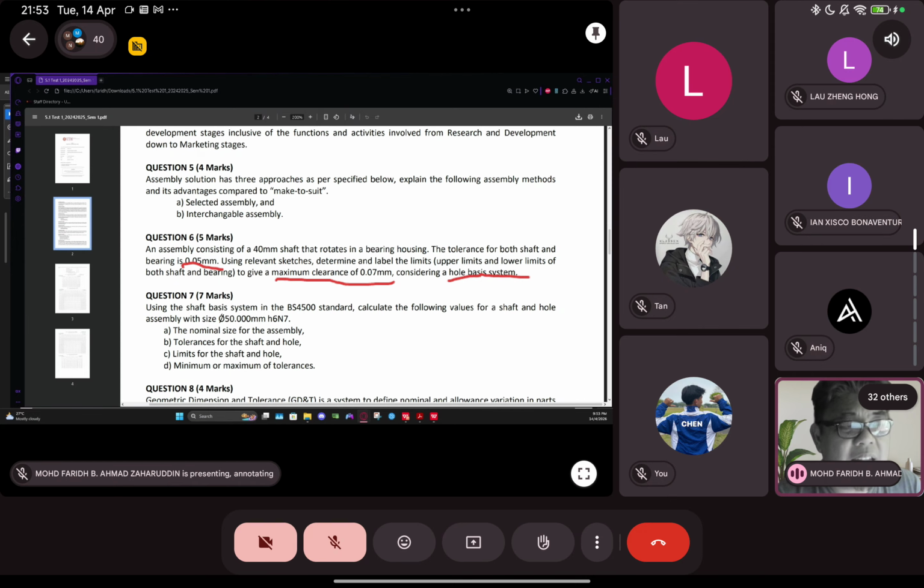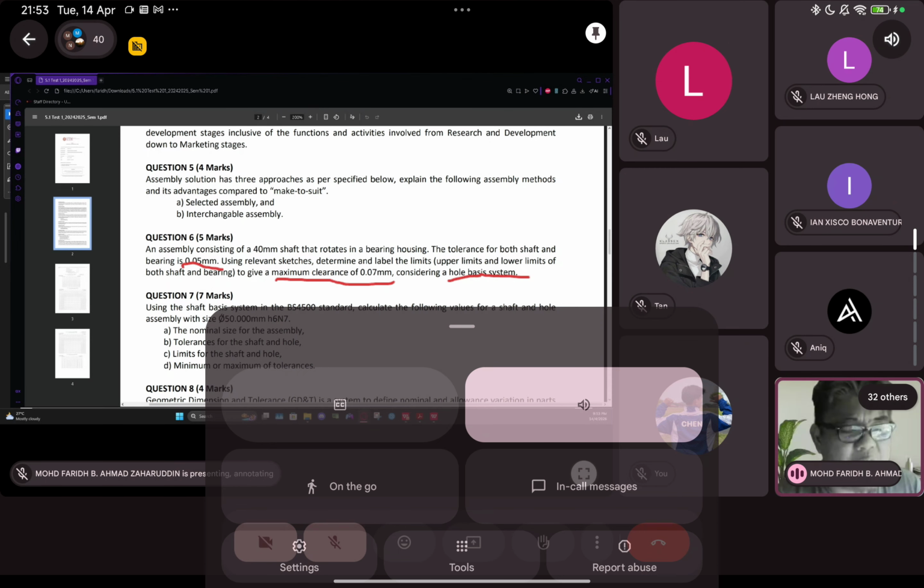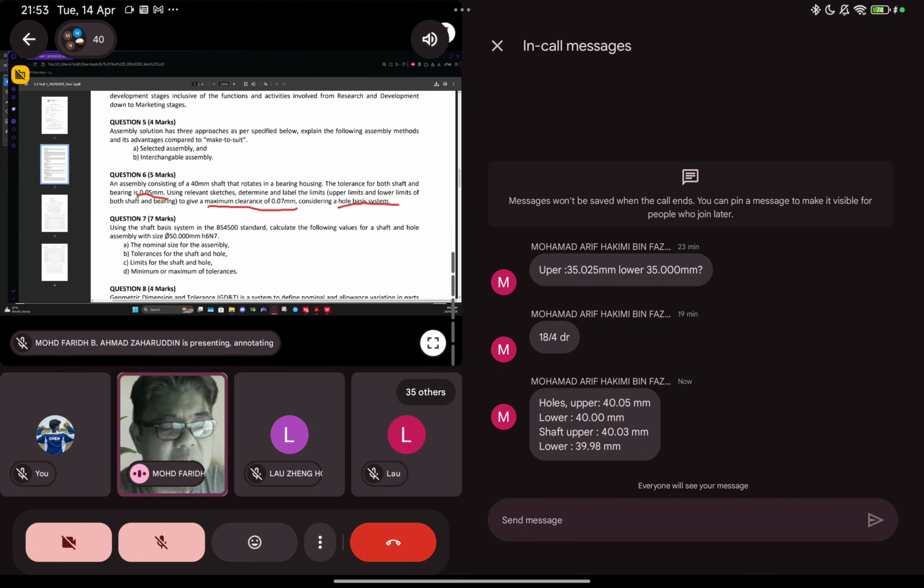Then the tolerance is 0.050, so you just add 40.000 plus 0.050, and you get the upper limit for holes as 40.050.